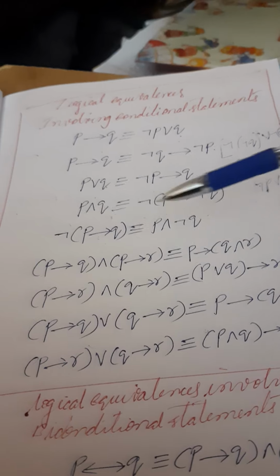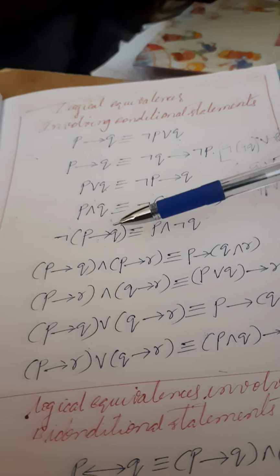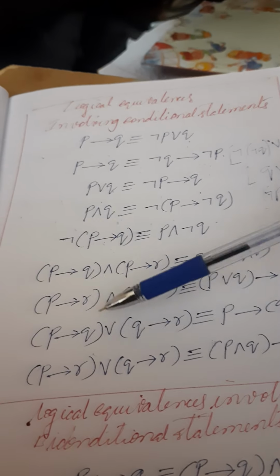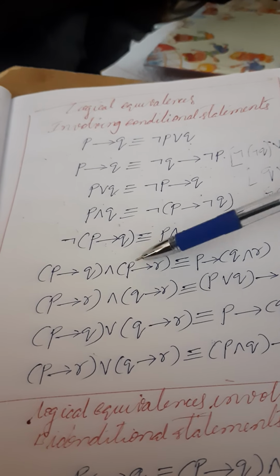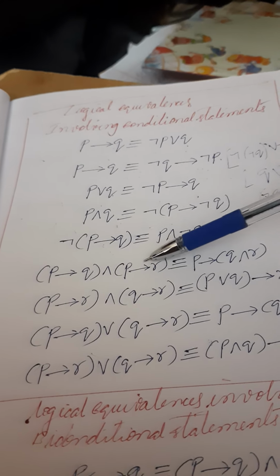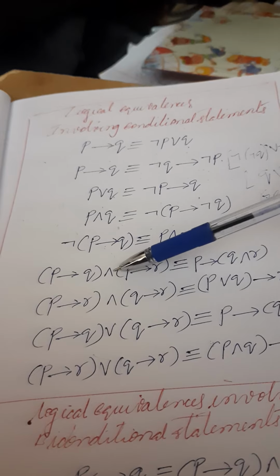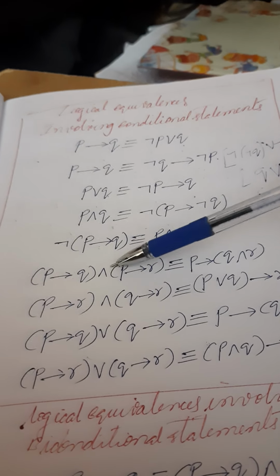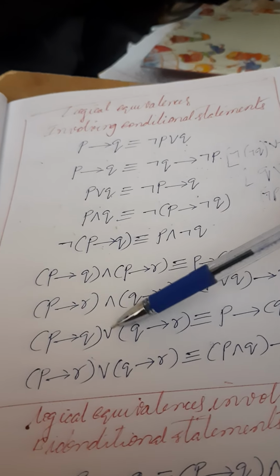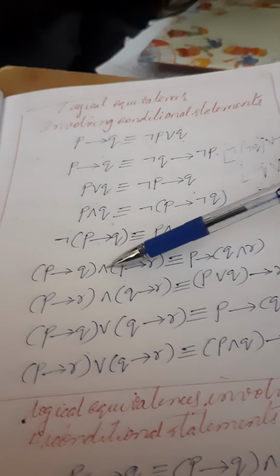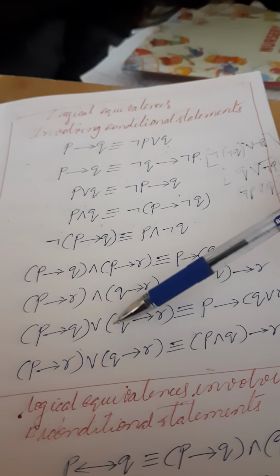Okay, next we will see this one. This is the same as that, just they changed the middle. Here it is conjunction, there they changed it to disjunction. We will compare these two, the first one and this one.